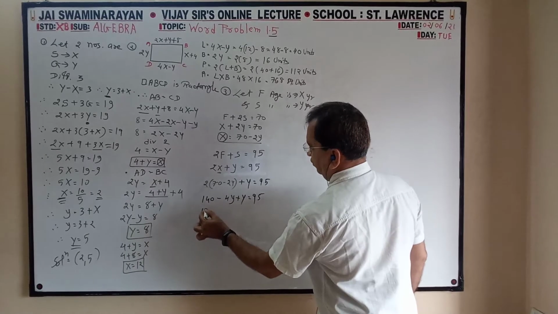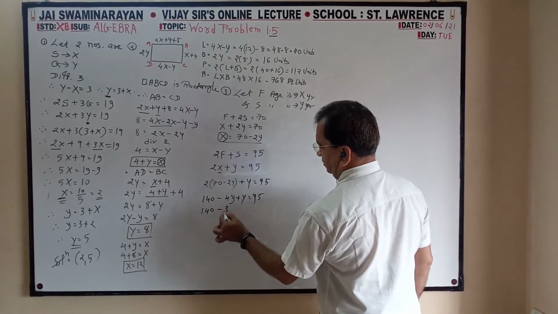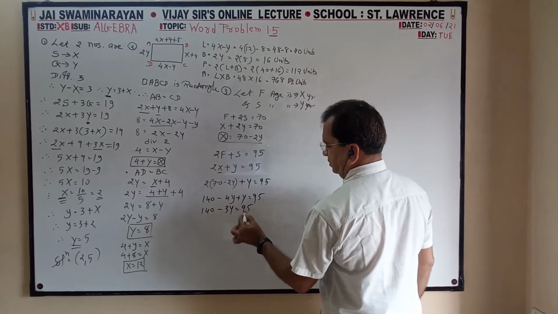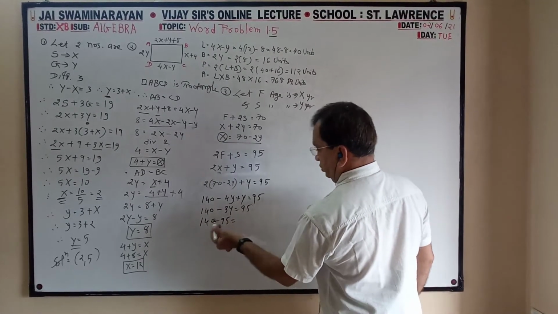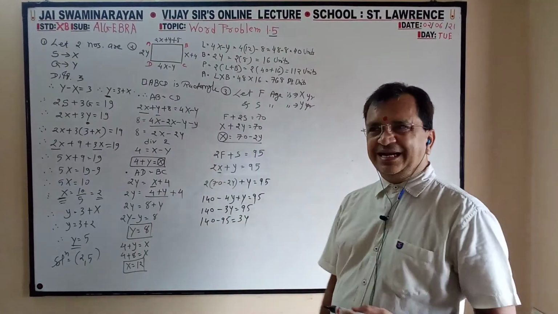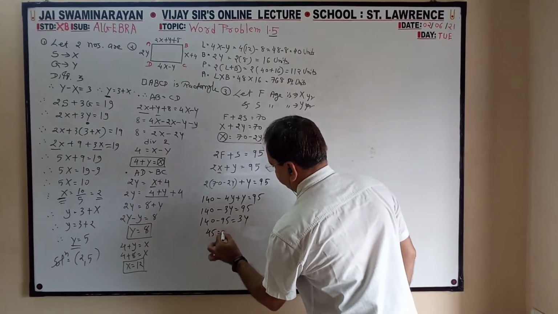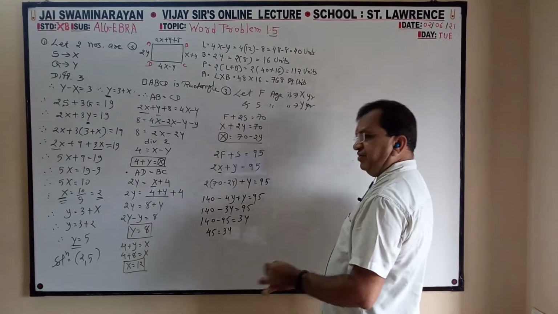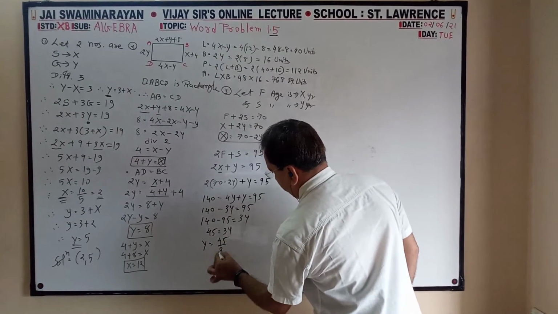So it is 140, this 4 minus 1, 3y. 95 goes this side, 3y goes this side. Now 95 less from 140, so it is 45. Now we got only y, 45 by 3.